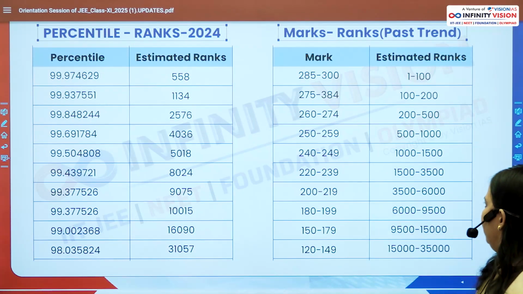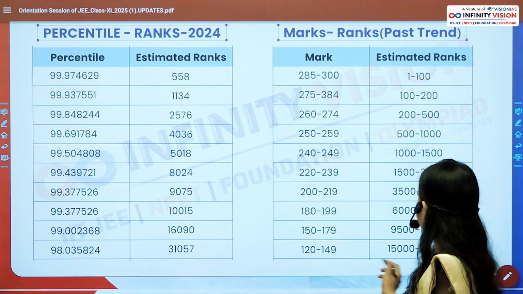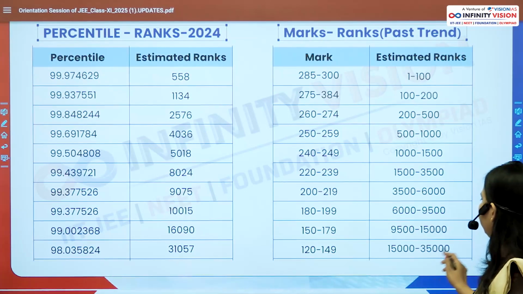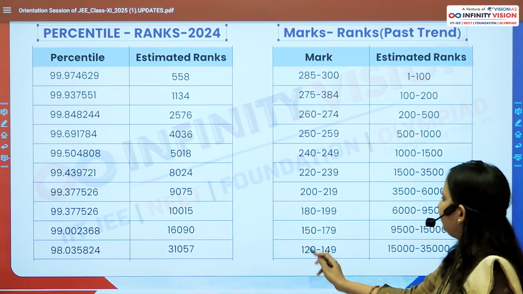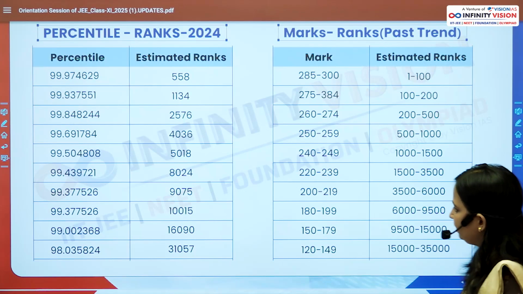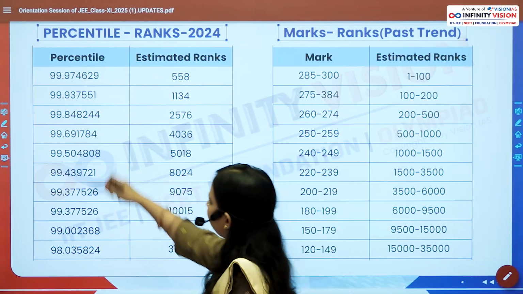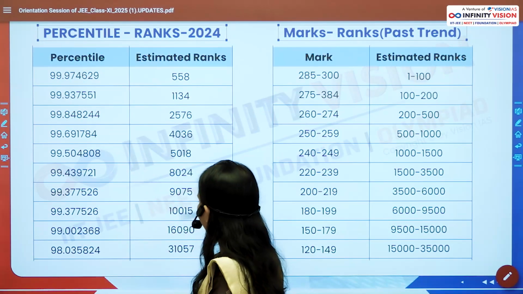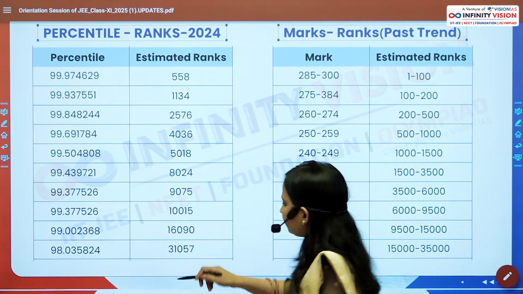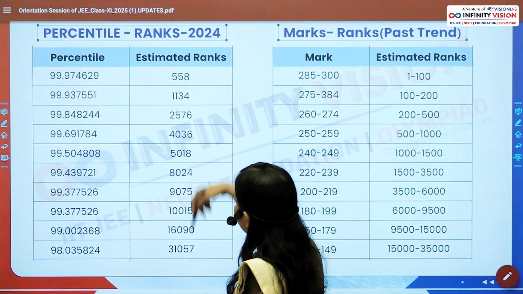Most of the ranks are around 15,000 to 35,000 for scores of 120 to 149. Similarly, within a difference of 1 percentile, the rank becomes much larger.